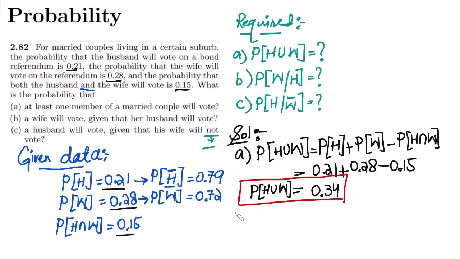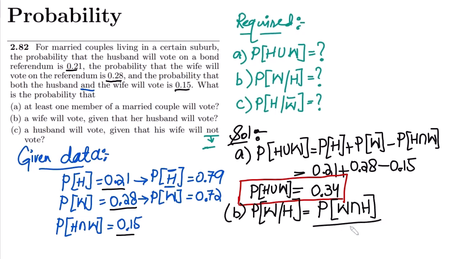Now solving for part B, we have to find the probability that the wife will vote given that her husband will vote as well. This can be found by using the conditional probability: the probability of wife and husband voting divided by the probability that the husband will vote.